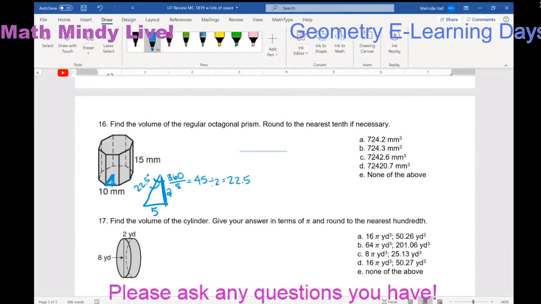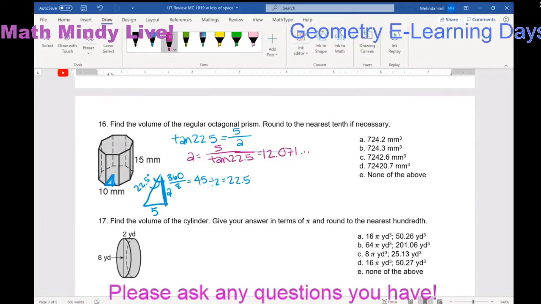And so with that, I would have tangent. So I would have tangent 22.5 equals opposite 5 over apothem. Because the A is in the bottom, we can use math magic, so the A and the tangent just swap places. Boop. So when you divide those, 5 divided by tangent of 22.5 is about 12.071.